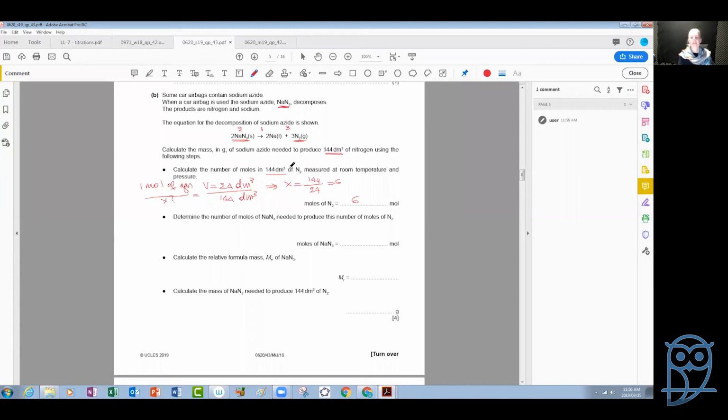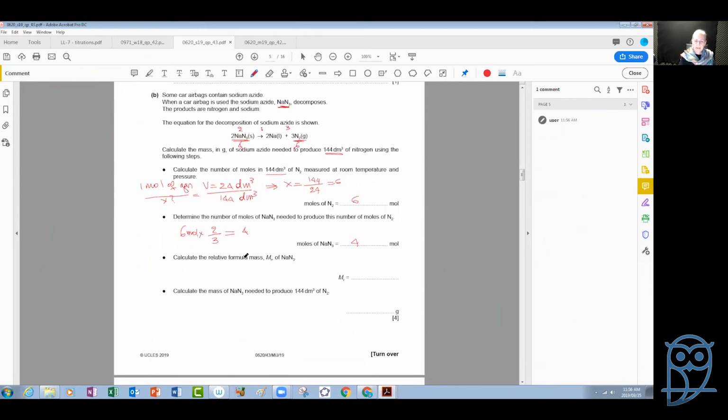We have 6 moles times the ratio 2 over 3, which gives the number of moles of sodium azide: 4 moles. You can see the 4 to 6 is actually the same as 2 to 3.